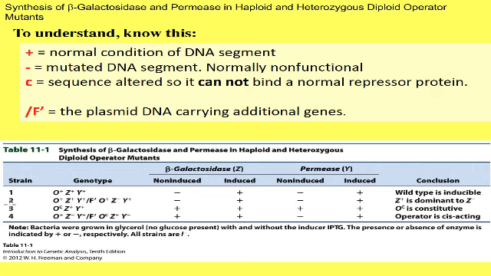Now let's tackle another test tube in which the bacteria contain not just the bacterial chromosome, the same as the one above, but they also contain a plasmid which contains a slightly different chromosome. Now on this chromosome, the operator is normal, the Z gene is defective, so beta-galactosidase cannot be produced from that segment of DNA under any conditions, but the permease is perfectly fine.